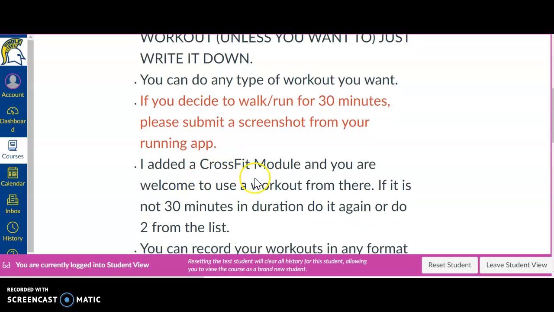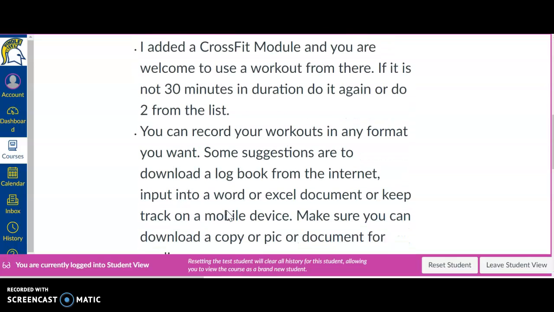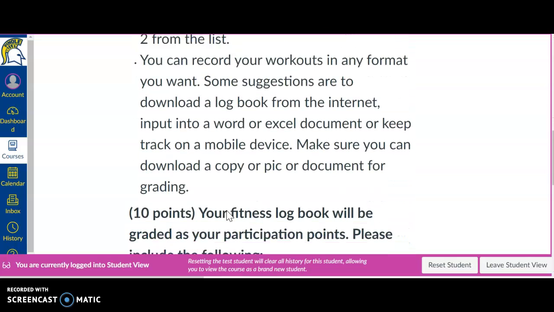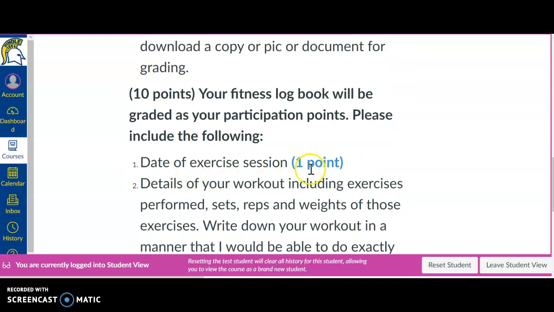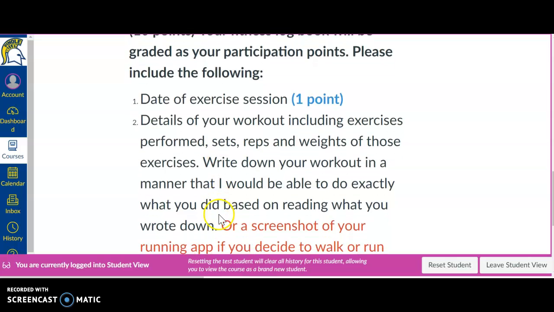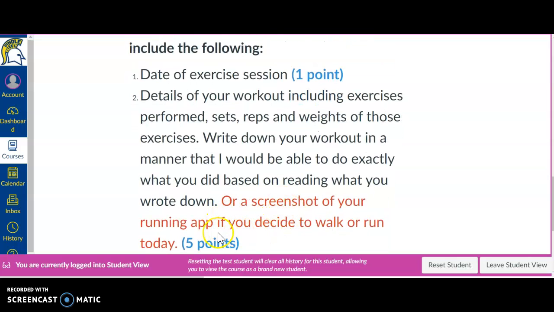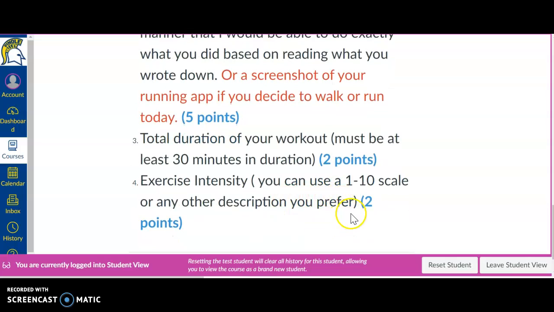If you are doing a CrossFit type thing or actual fitness workout, make sure that you are including as much information as possible. So remember, this is worth 10 points. You get a point for writing the date of the exercise session, the details of your workout, or the screenshot of your running app if you decided to walk or run. That's going to be worth 5 points. The total duration of your workout is worth 2, and your exercise intensity is worth 2 points.